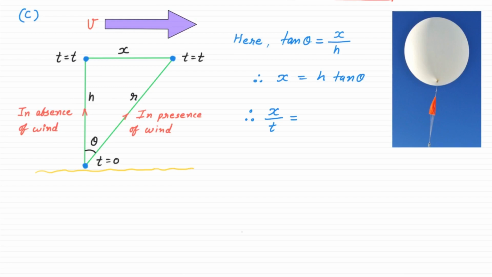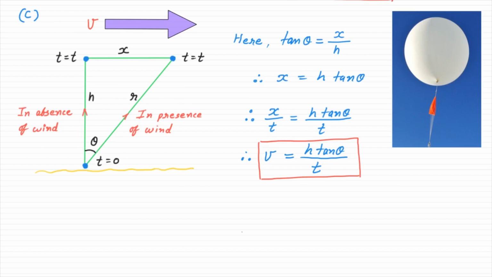So it is x by t, and here it will be h tan theta upon t. But x upon t is distance upon time, so that will become speed. Speed v is equal to h tan theta upon time t. This is the equation by which we can find out the speed of wind, because the horizontal speed of the balloon is exactly equal to the speed of wind.